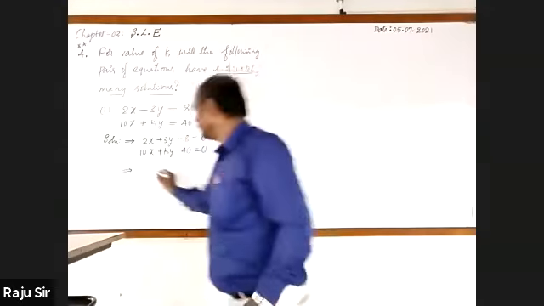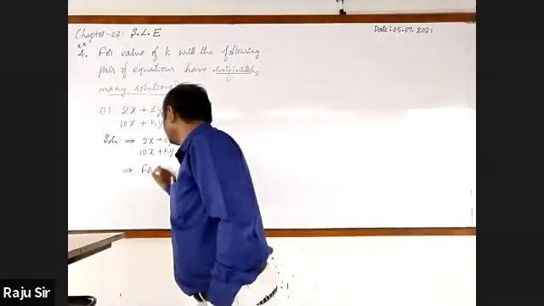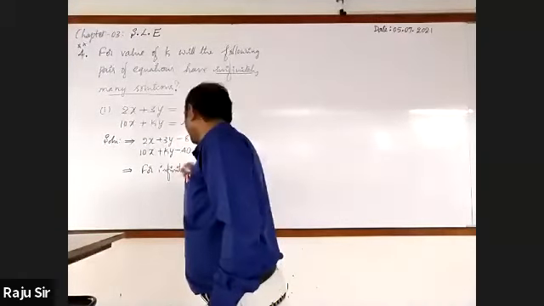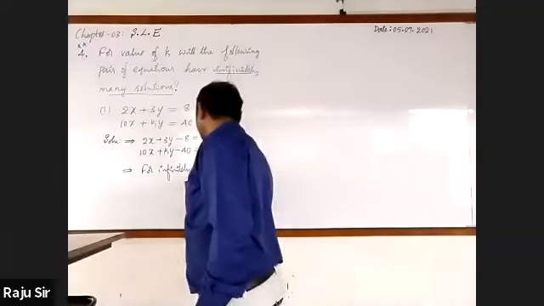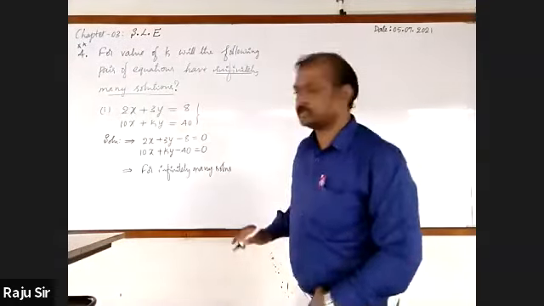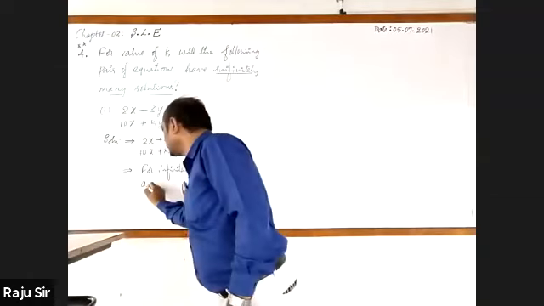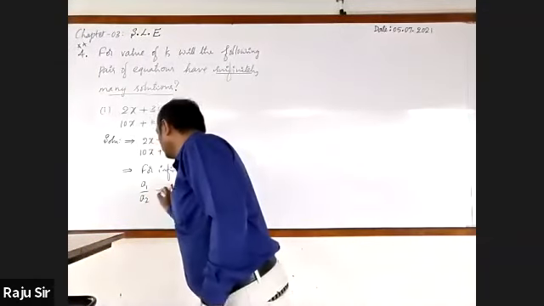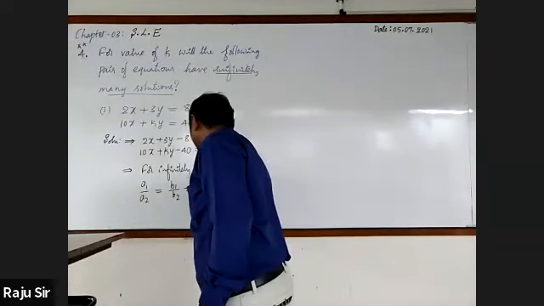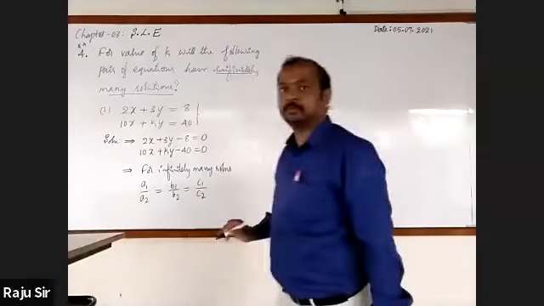So let me write that. For infinitely many solutions, the condition is A1 by A2 is equal to B1 by B2 is equal to C1 by C2.